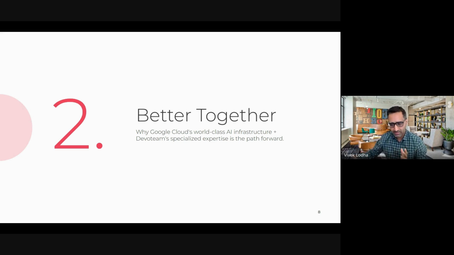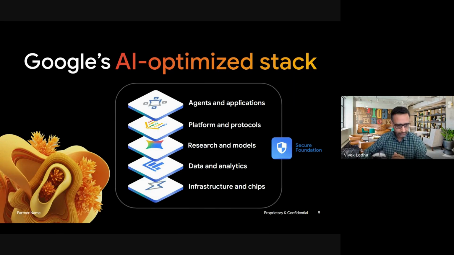We will bridge this gap through a combination of Google's world-class products, whether it's AI infrastructure products or other software services, and also using Devoteam's specialized expertise around migration and leveraging some of this tooling. What we want to help you do is bring the rest of your infrastructure, whether it's VMware, your databases, your legacy apps, in the same room as AI workloads, so that they can finally talk to each other.